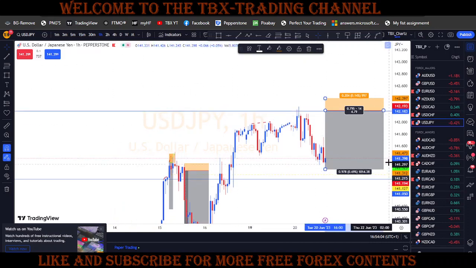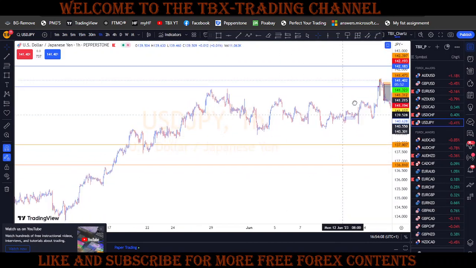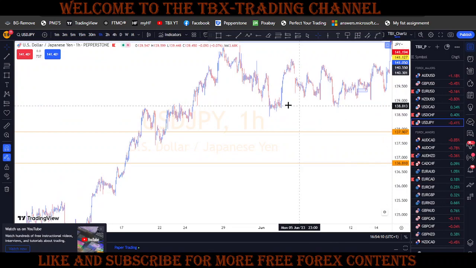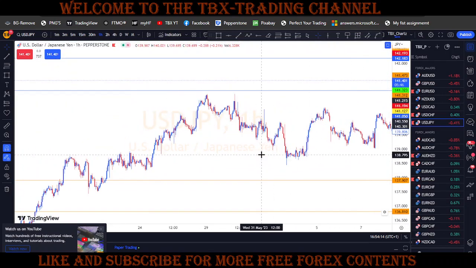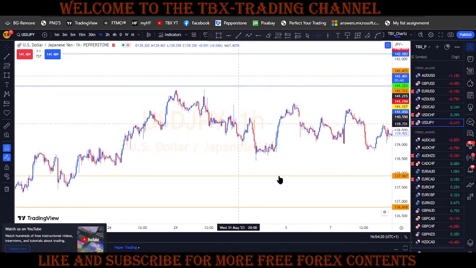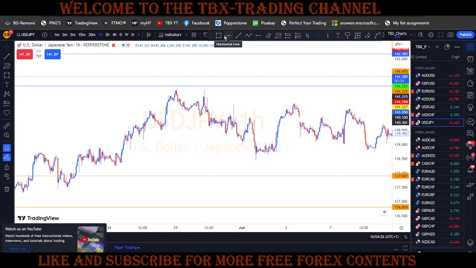As an assignment, you should open your TradingView and try to identify the buy side and sell side liquidity. It's actually very, very easy to identify. As you can see, this is an equal high, a relatively equal high. Let's have an experiment right here. Let's just use a trend line from here to here.